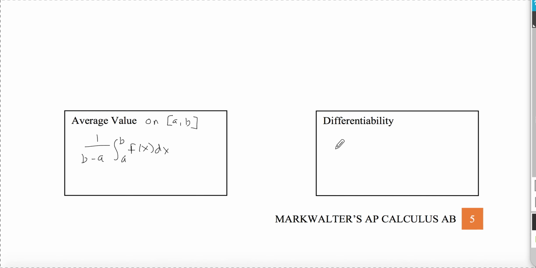Okay, and for differentiability, we need to make sure that the function is continuous and smooth, quote unquote. And if the function is going to be smooth, we need to make sure that the derivatives, just like we checked, are continuous so that they flow into each other.